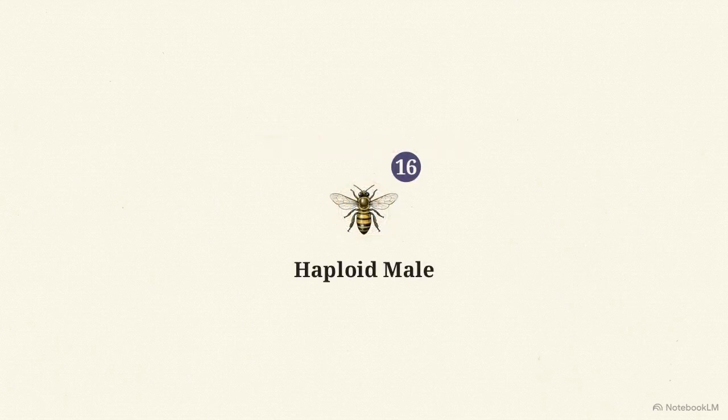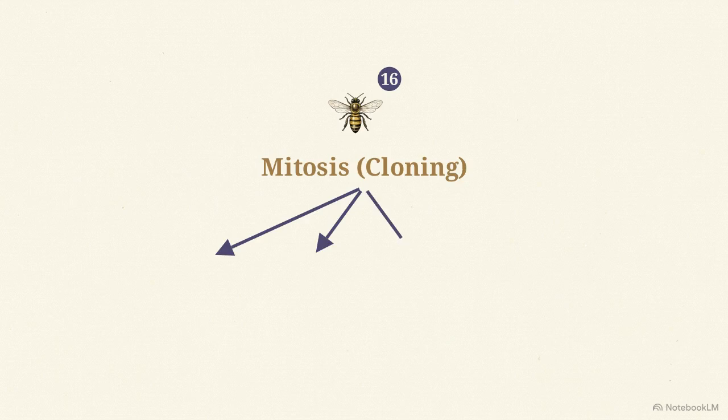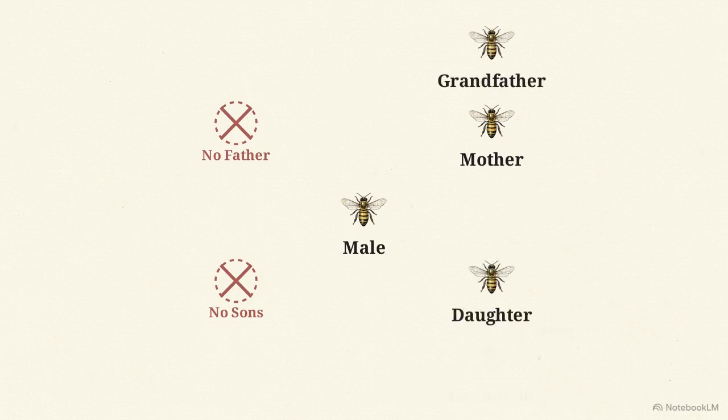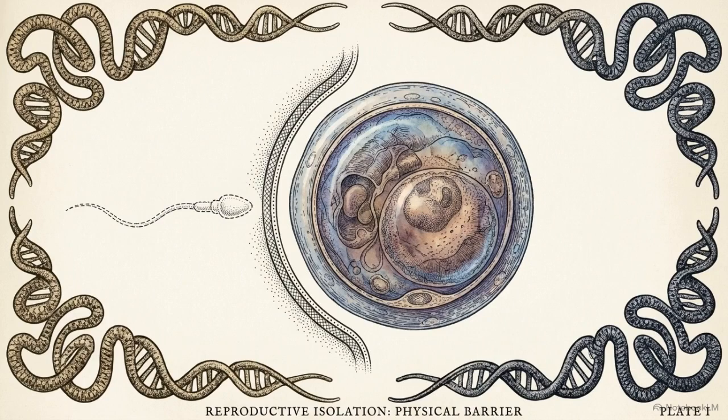Because the male is already haploid, he produces sperm through mitosis. This is cloning 16 chromosomes without the segregation seen in meiosis. This creates a unique pedigree where a male bee has no father and can have no sons. His lineage links only to grandfathers and grandsons through his mother and his own female offspring. Haplodiploidy proves that sex can be dictated by the raw presence or absence of fertilization itself.